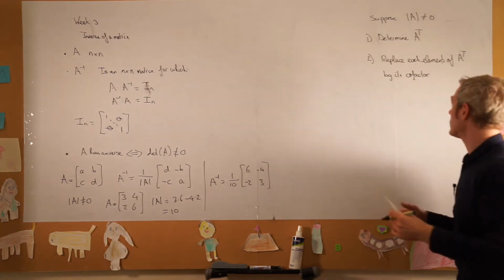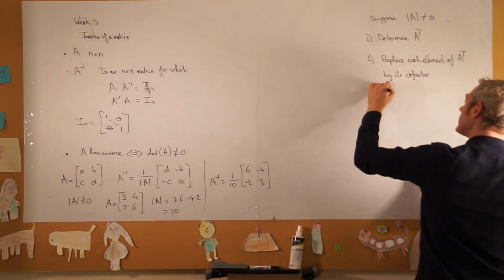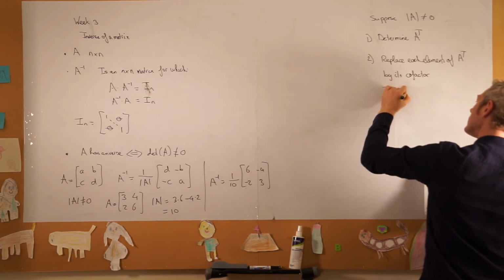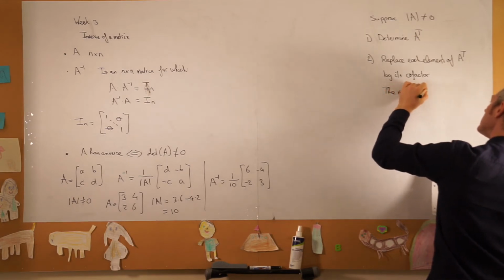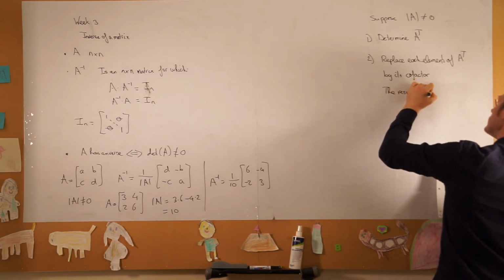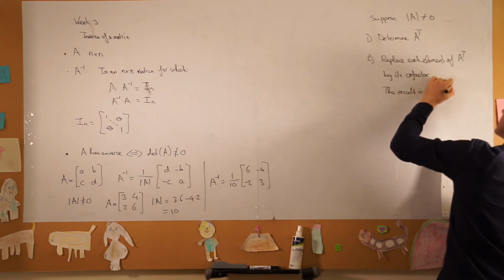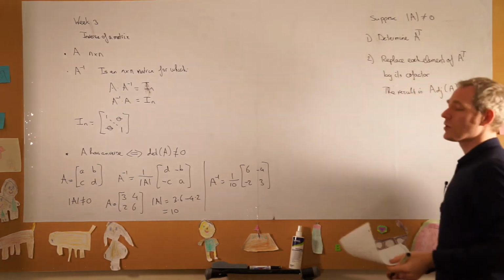And that yields a certain matrix. The result is the adjoint matrix of A.